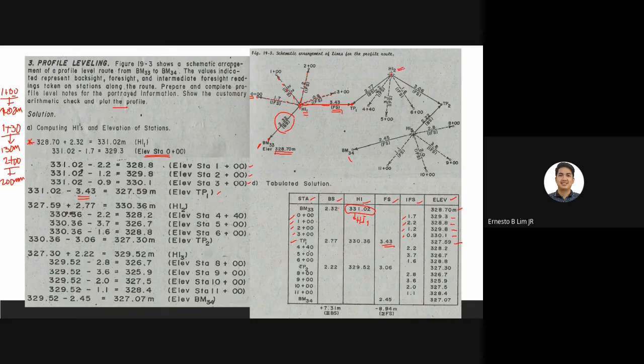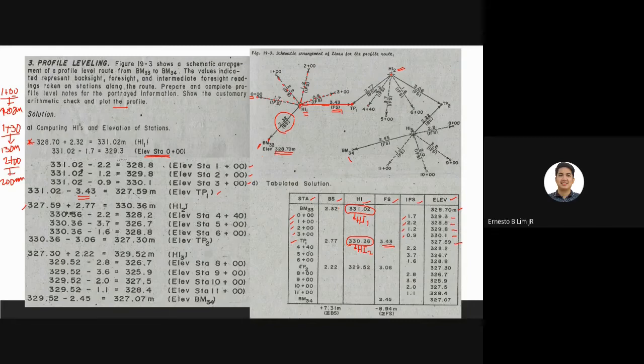You will have the height of the instrument 2. In order to get this height of the instrument at point 2, simply follow the elevation at TP1, plus the backside.